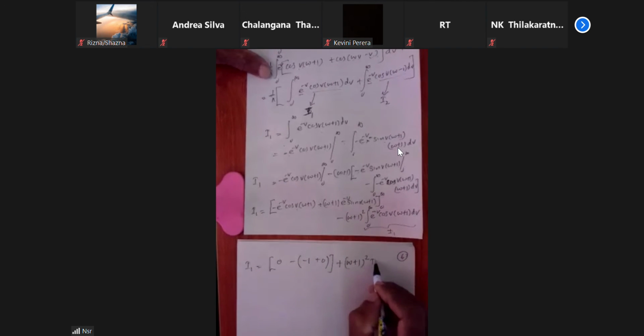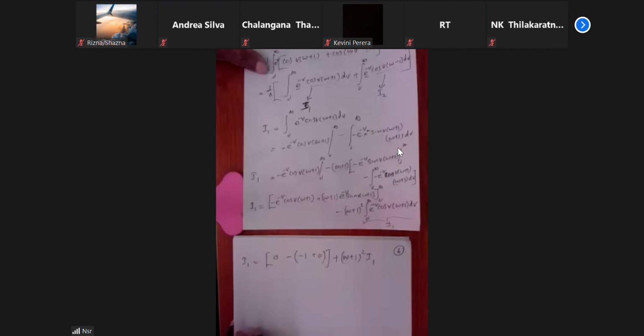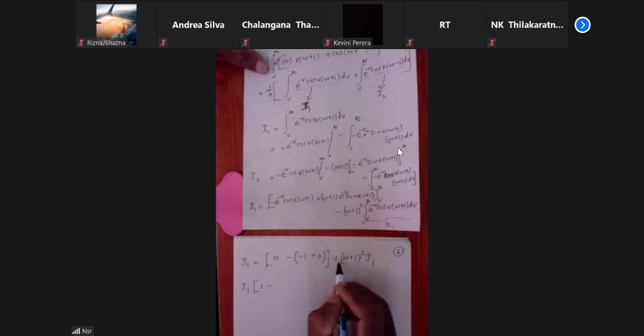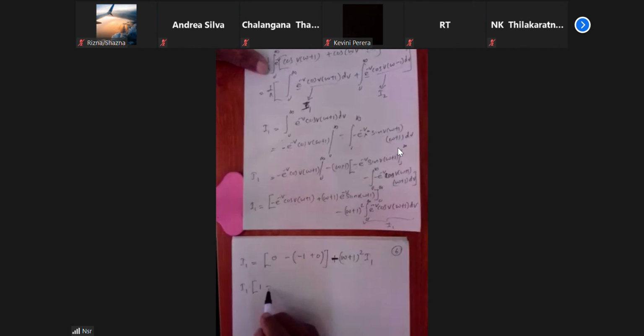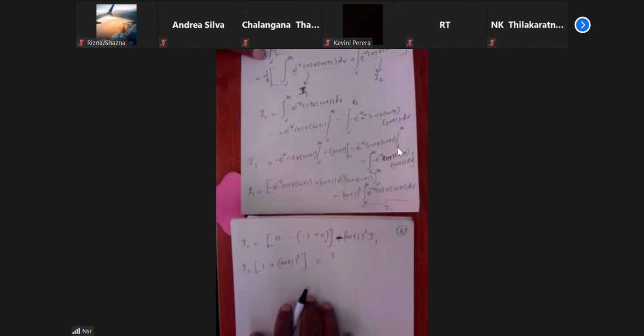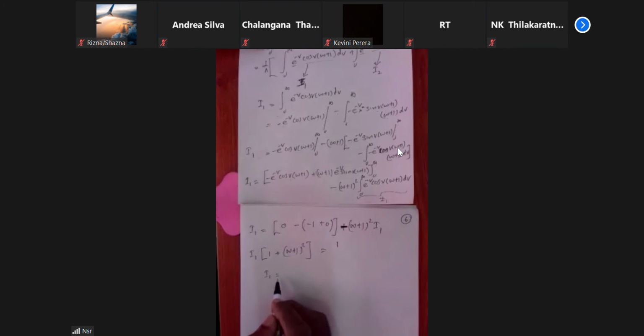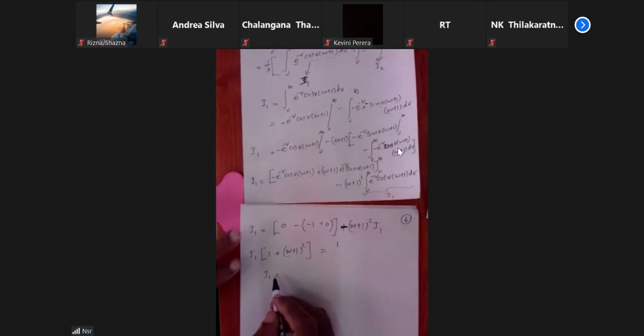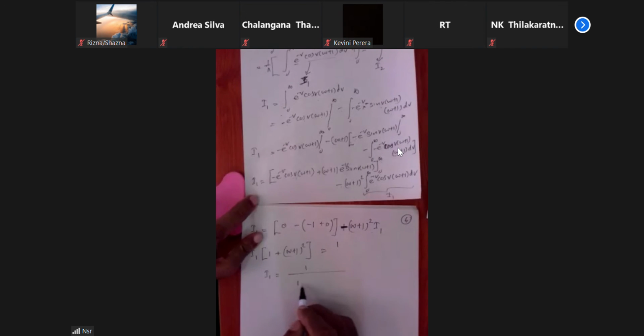So therefore, these terms you can take them out. I1 equal I1 into 1, this is minus, sorry, this is minus. Then we come to plus here, plus (omega plus 1) square equal this side minus, that becomes plus 1. Then I1 equal what is that? 1 divided by 1 plus (omega plus 1) square.